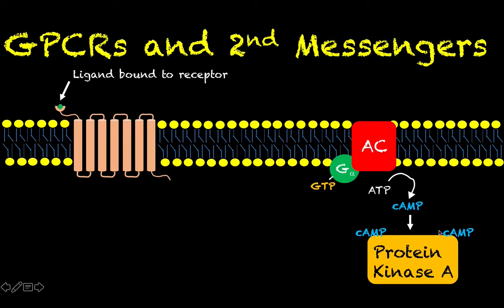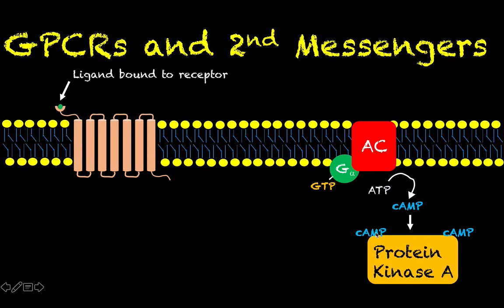Now, the way I've illustrated this here is a little bit oversimplified. In reality, what happens here is that in the absence of cyclic AMP and in the absence, obviously, of receptor activation, protein kinase A is kept in an inactive state because it is constantly bound to a regulatory protein that inhibits its function.